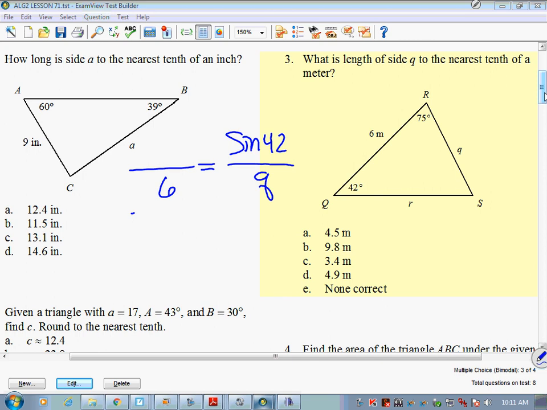And I'm going to solve for angle S the exact same way I did with question number 2, which is doing what? 42 plus 75 and subtracting it from 180. So 42 plus 75 is what, Jose?